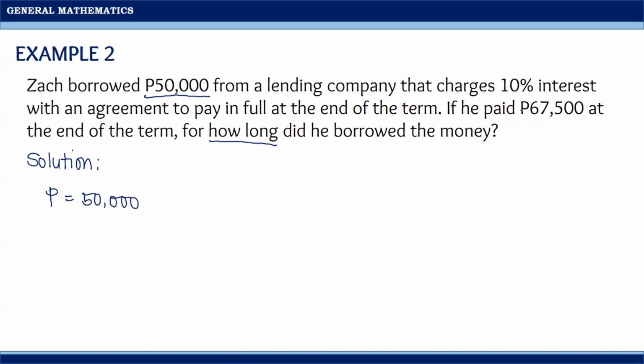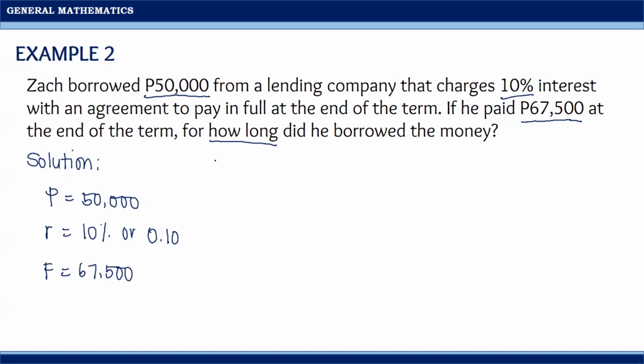The interest rate is 10%, therefore R is equal to 10%, or in decimal, 0.10. Moreover, he paid a total of 67,500 at the end of the term. Therefore, 67,500 is the future value.